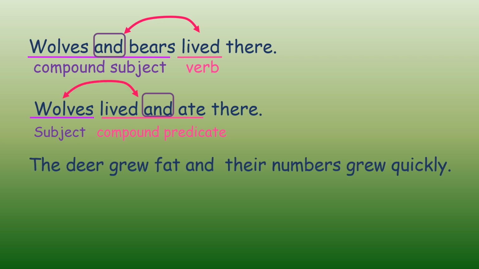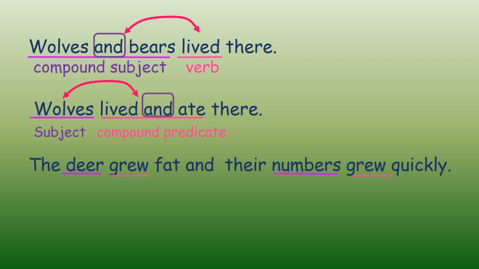But in the final example, we have two independent clauses, two simple sentences. Each one of them has its own subject and predicate. In the first independent clause, deer is the subject, grew is the predicate. In the second independent clause, numbers is the subject, grew is the predicate.